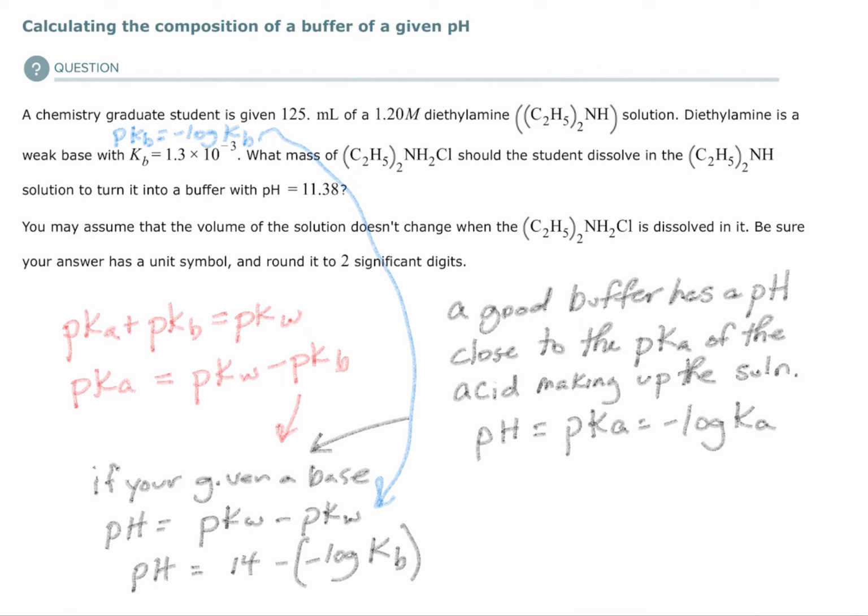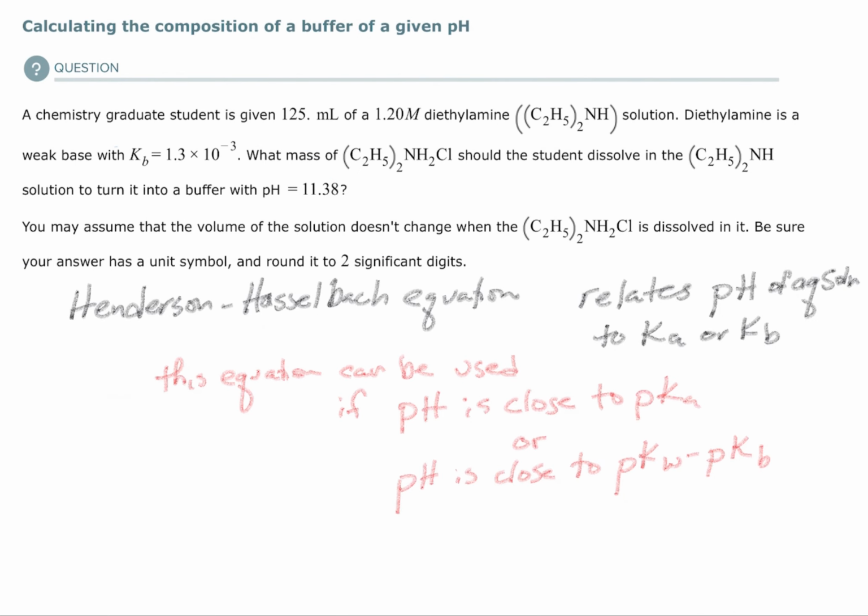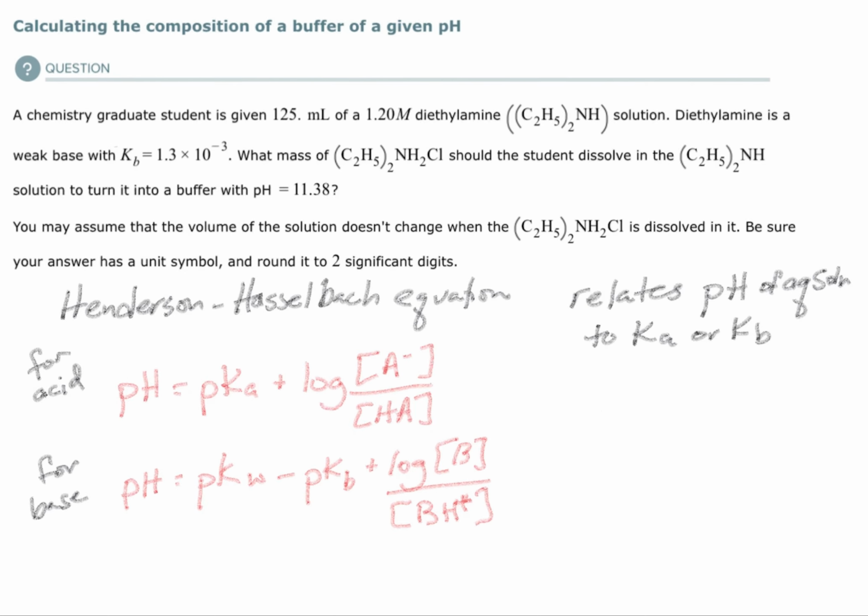So in my case, I have to ask, is the pH equal-ish to the pKw minus pKb? That should be pKb right here. If it's close, then you can use the Henderson-Hasselbalch, and it should be okay for you.